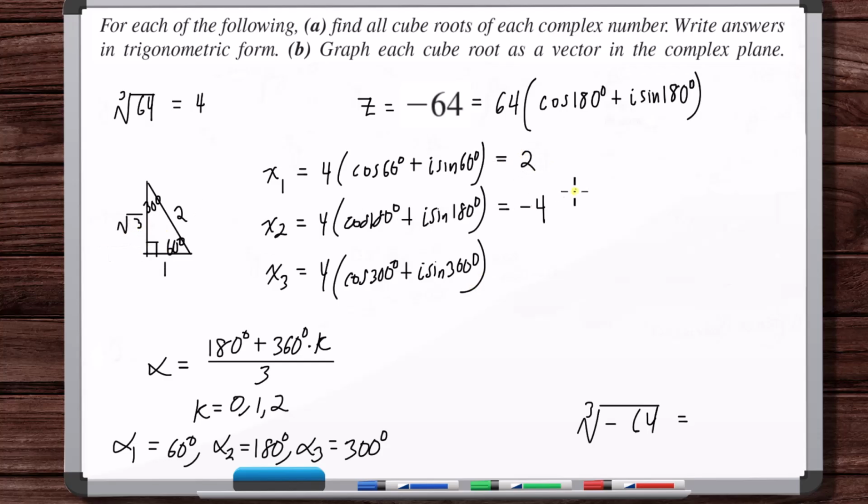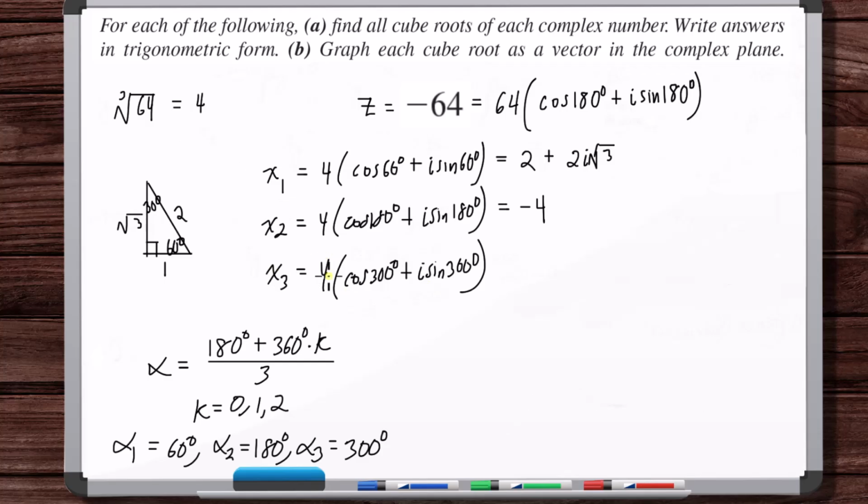Sine 60 is root 3 over 2, times 4, so plus 2i root 3. So that's the confusion. But again, don't worry about it. We'll talk about this in the complex analysis course, and we'll settle a lot of this confusion.